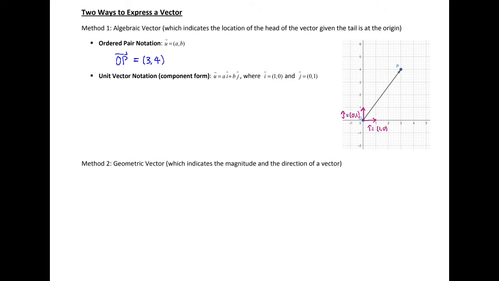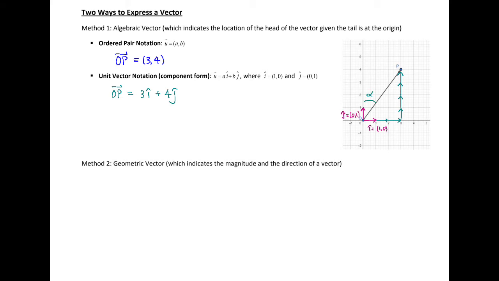So vector OP can be written as 1i, 2i, 3i, plus 1j, 2j, 3j, 4j. So we write vector OP equals 3 of the unit vector i plus 4 of the unit vector j.